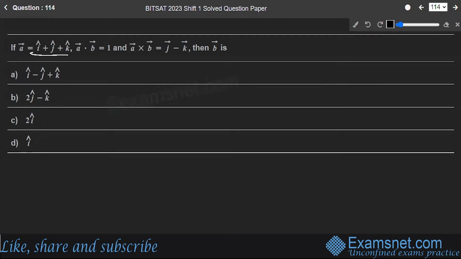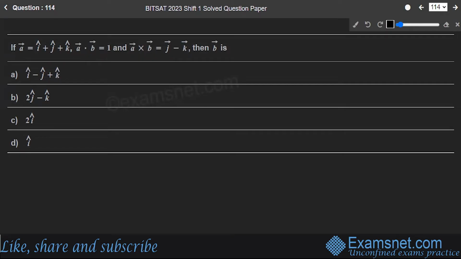Let A be this vector, A dot B be this, and A cross B be this. Then what is the vector B? So you have A vector as i plus j plus k, and the cross product is equal to j minus k. Question number 114: if A vector is given by this and A dot B is 1, A cross B is j minus k, then what is B vector?